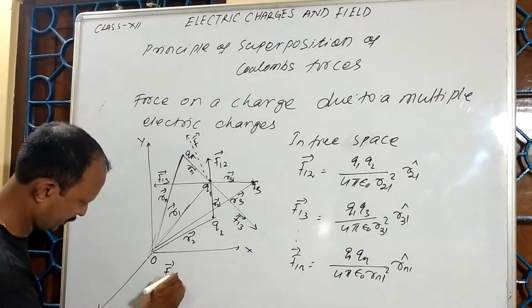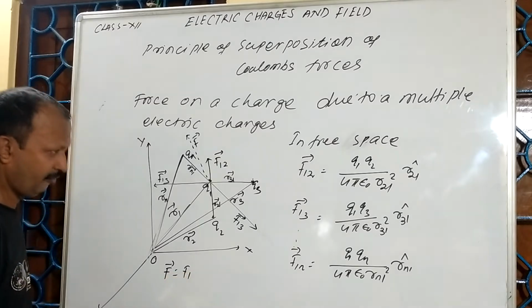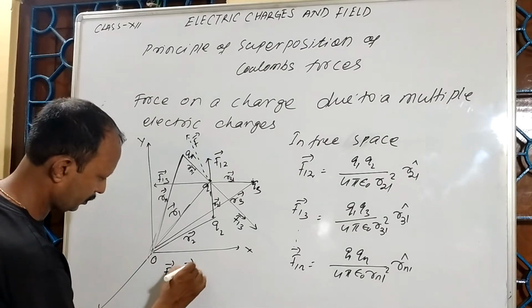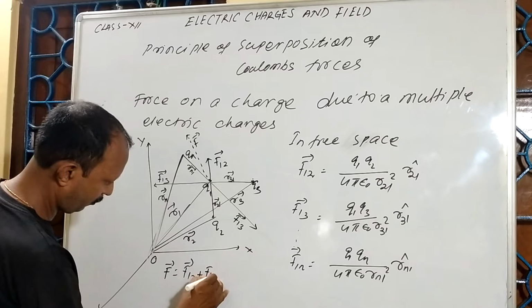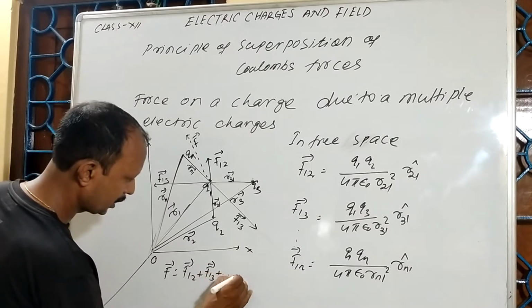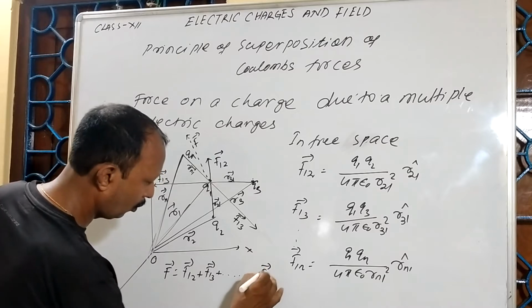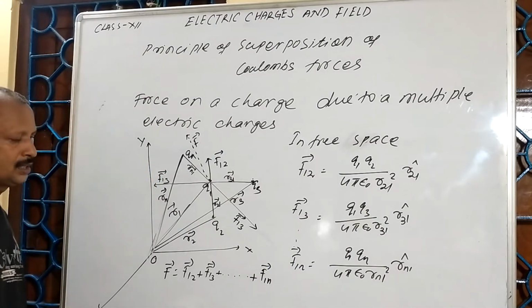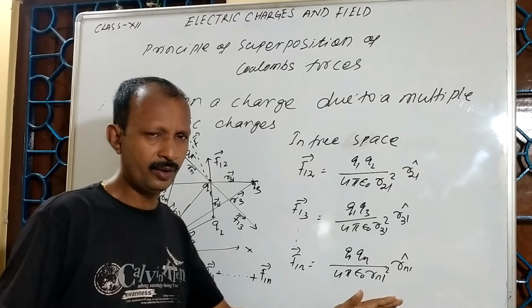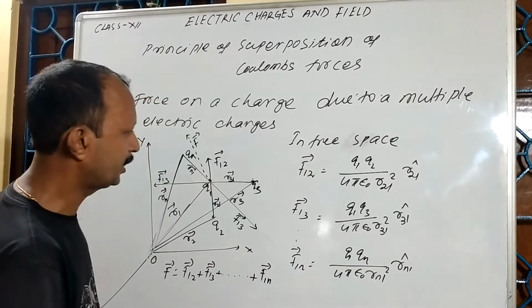So I can say that this is F12 plus F13 plus F1n. So this is the net force acting on the charge particle.